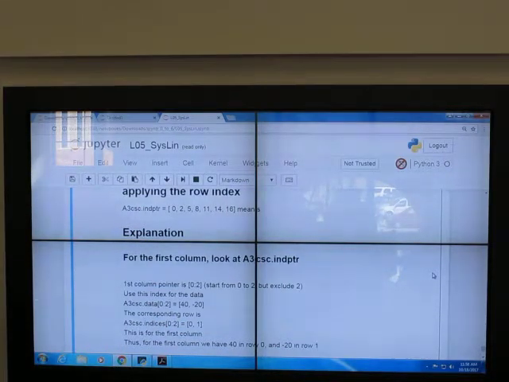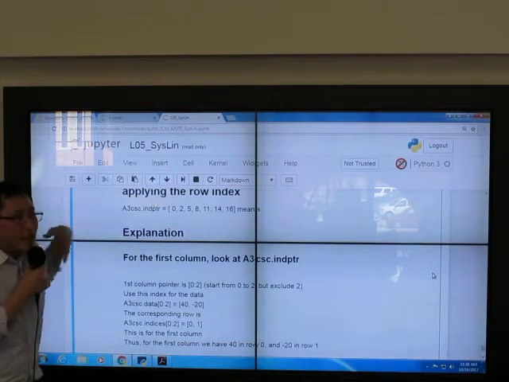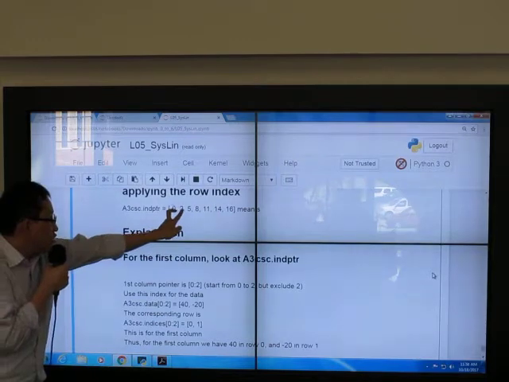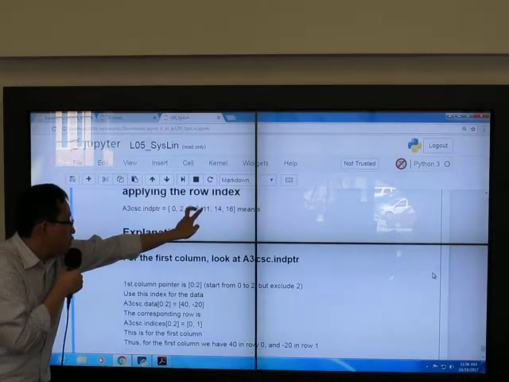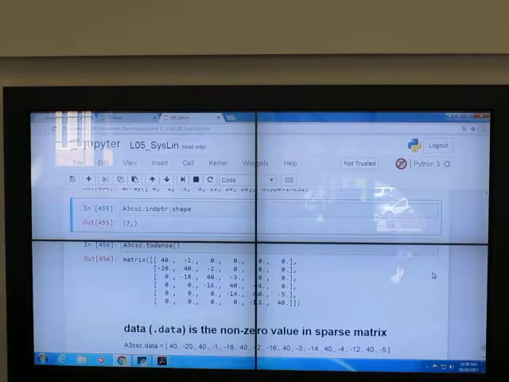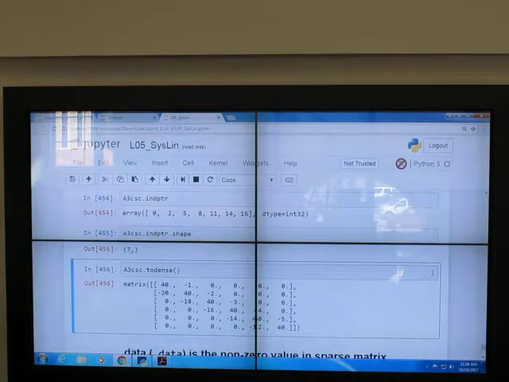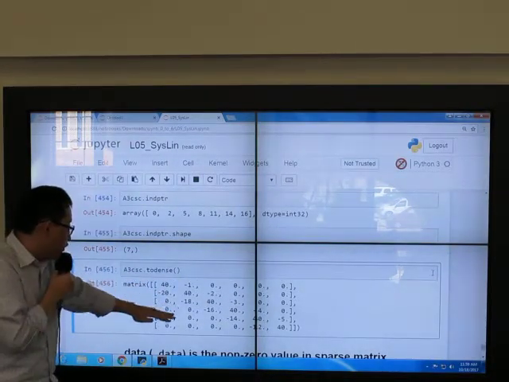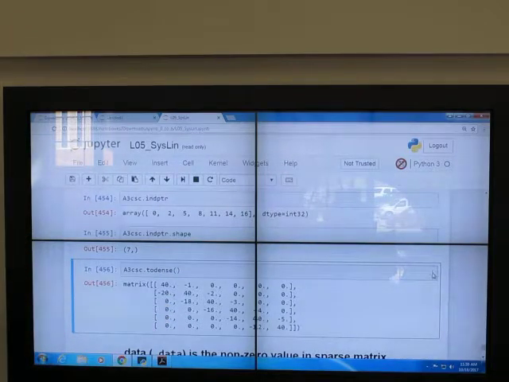So that is the column pointer for the first column. These two numbers are the range for the first column. This is for the second column, third column, fourth, fifth, sixth column. How many columns do you have? 6 columns, 6 rows.